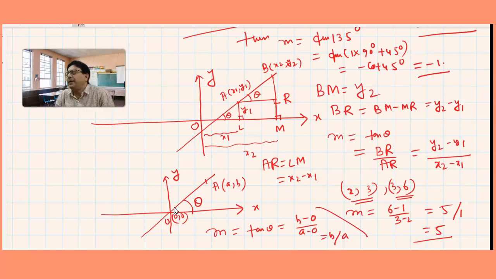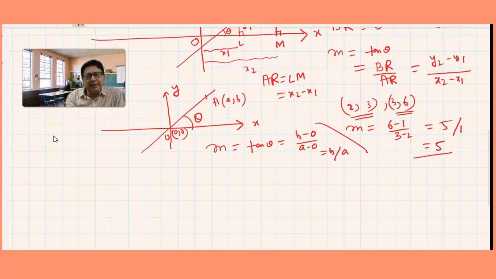Slope of the line can be determined by this method, by knowing 2 points on the line. Now, while discussing the slope of a line, the question arises here: can we define the slope of a line which makes an obtuse angle with the x-axis?